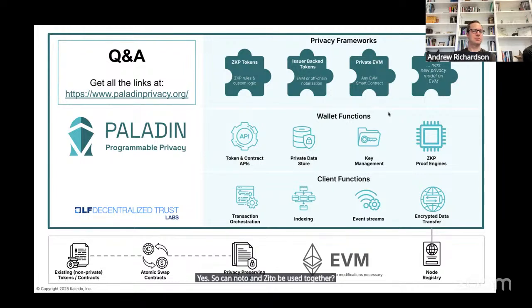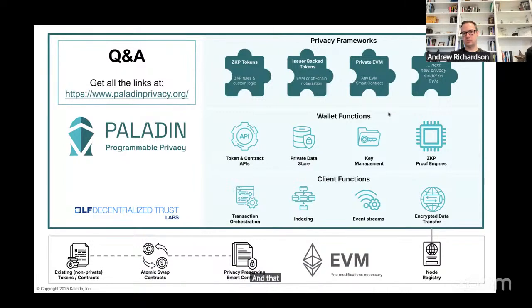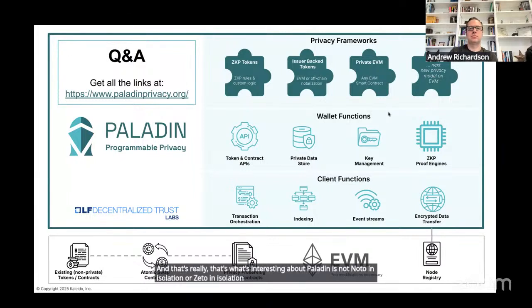So maybe I'll take this one briefly. Absolutely. And that's what's interesting about Paladin: not Noto in isolation or Zito in isolation, but the fact that they can be used together. And even more than that, when we talk about an ecosystem and value that comes from blockchain, it's about innovation, right?